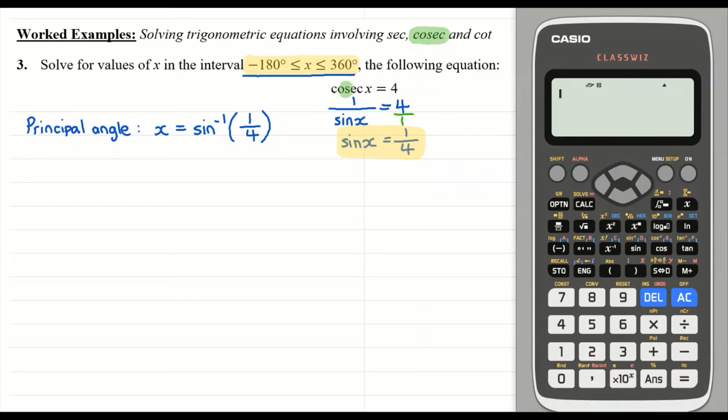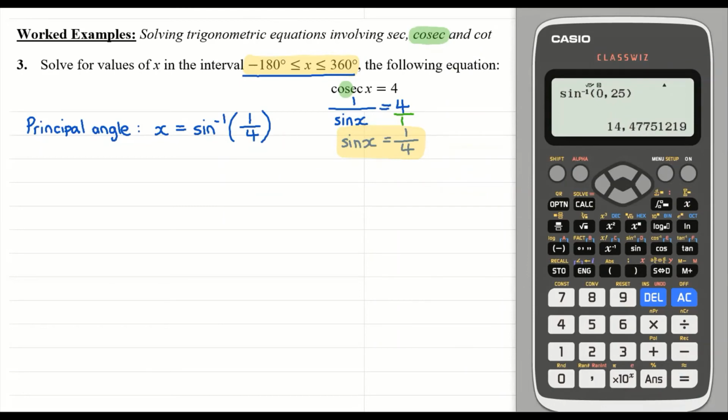Okay, and now I can do the inverse sine, so that's Shift and sine of 1/4, which I'll just write as 0.25, which is the same thing. And what do I get? So I've got a decimal. Now, just for the sake of accuracy, the exams tend to want your answers to 3 significant figures. Now, if I use 3 significant figures, I might lose a bit of accuracy here.